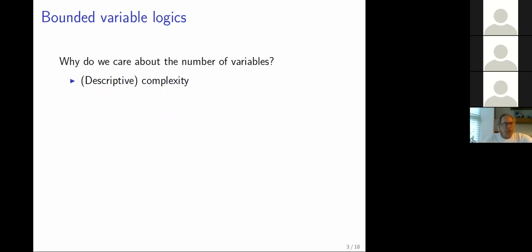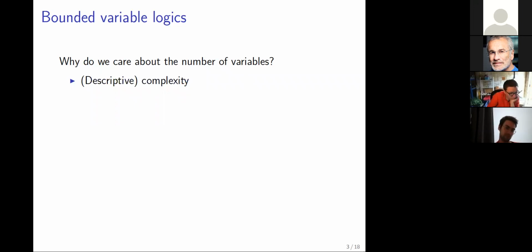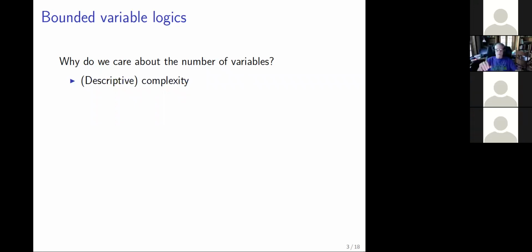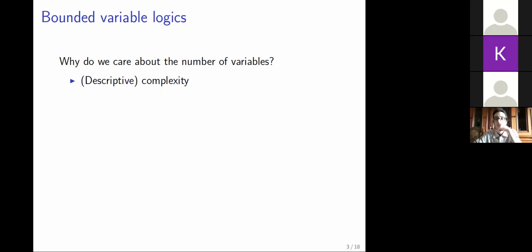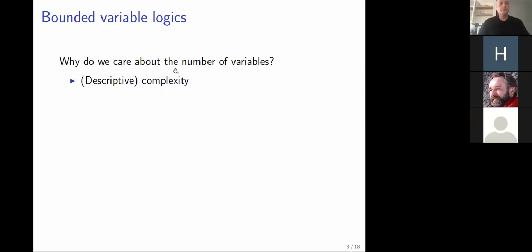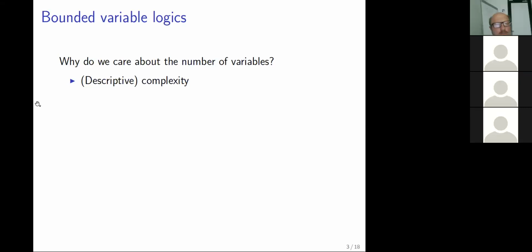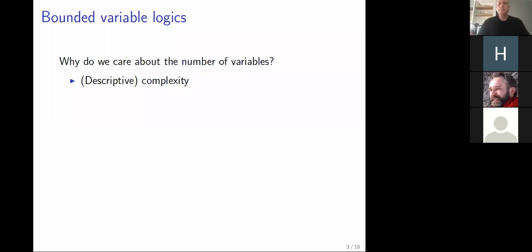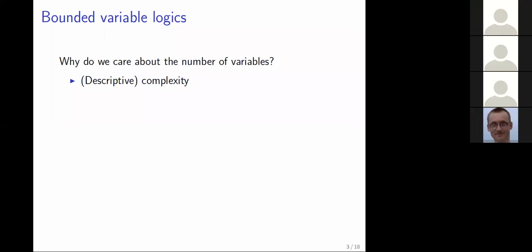In this context, the number of variables or the depth of a formula and so on are counterparts to parameters like the time or the space a Turing machine uses. In descriptive complexity, it's more fixed point logics and so on that are used, but still, this is an example of how looking at bounded variable logics can be important.